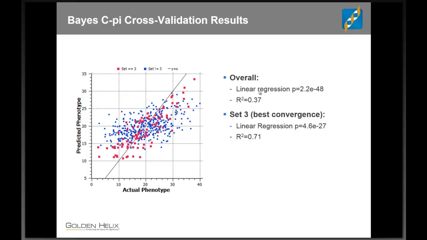So you can kind of get the idea here that when your model converges well, typically that will come with a better prediction. And in general, if you read the different papers that are out there, the different comparisons, one of the conclusions you'll find is that variable selection methods, such as Bayes C-pi that uses the MCMC process to select predictors, these methods generally perform quite well with oligogenic traits, that is, traits that are explained primarily by just a few genes. So the selection methods are usually able to figure out the right predictors and build a pretty accurate model.